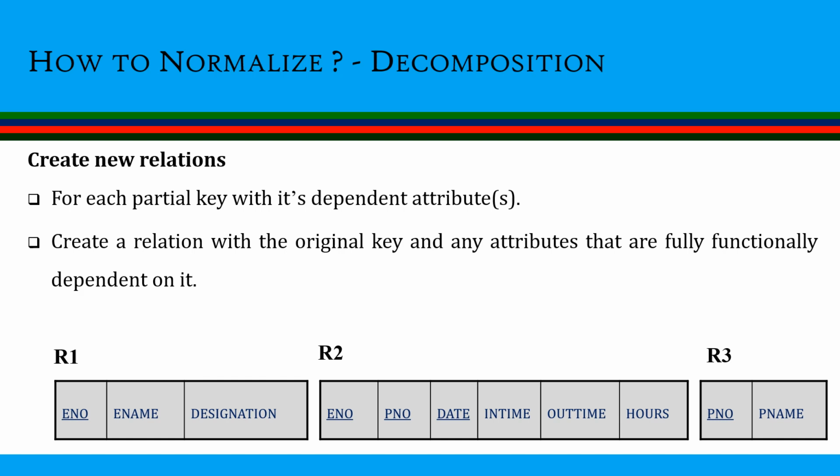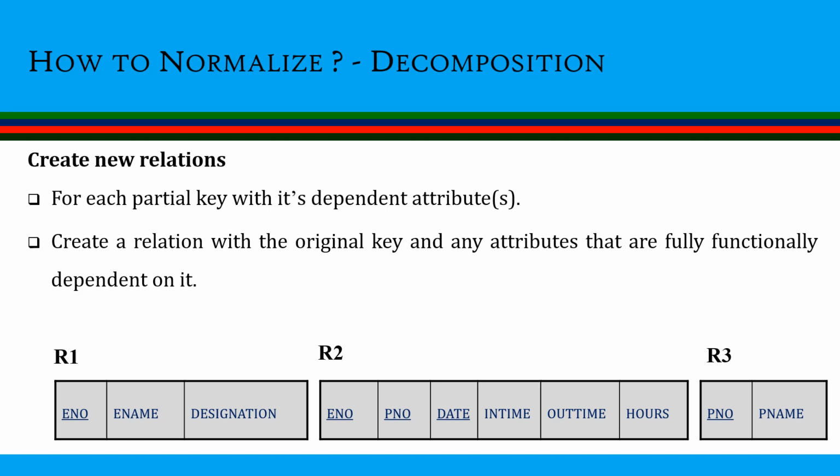So now the employee project table will be decomposed into three based on the FDs: E number, E name, designation, that is relation 1; E number, P number, date, in time, out time, hours, that is relation 2; and the third relation is P number, P name.